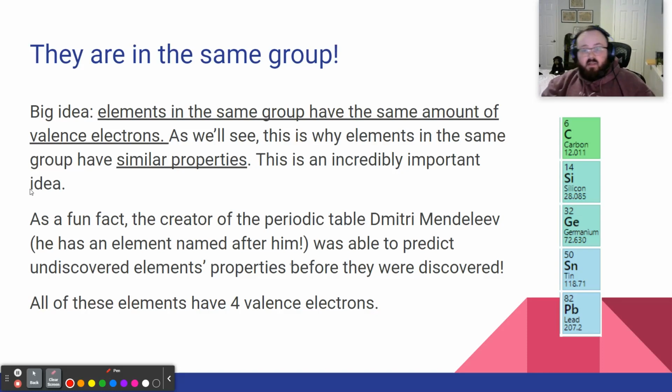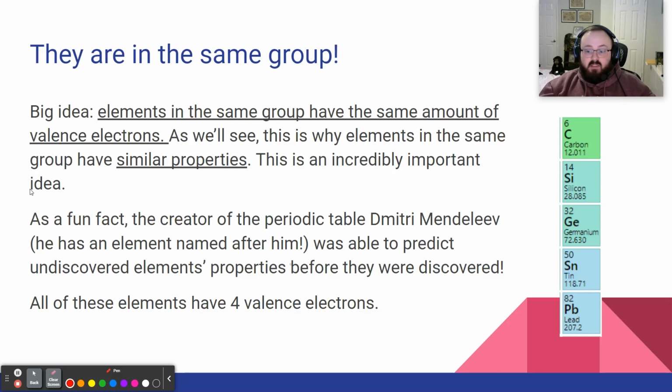Just a fun fact that I've included. The creator of the periodic table, Dmitri Mendeleev, does have an element named after him. It's one of those man-made ones. He was able to predict certain elements that were not discovered at the time, predicting properties such as their boiling point or melting point.